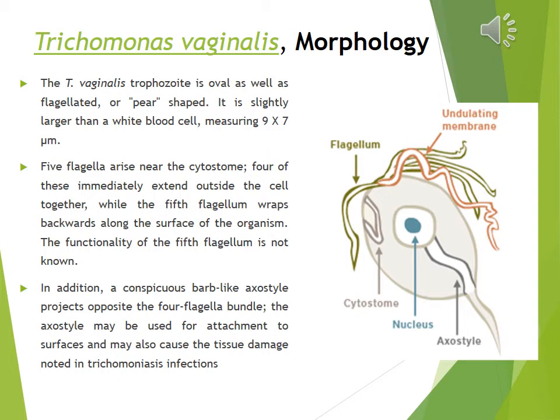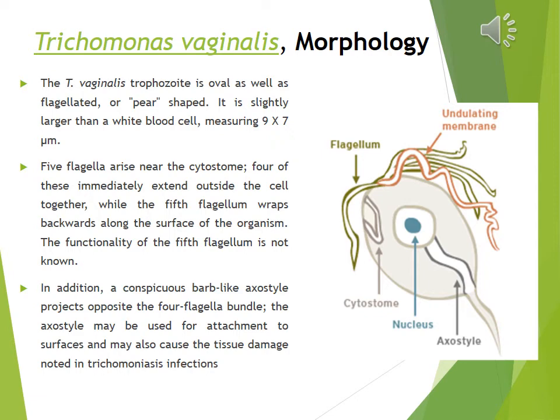The functionality of the fifth flagellum is still not known. There is also a conspicuous barb-like axostyle which projects opposite the four-flagella bundle, that is, at the posterior portion of the trichomonas.